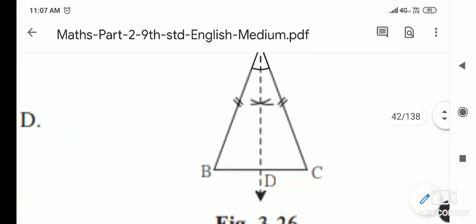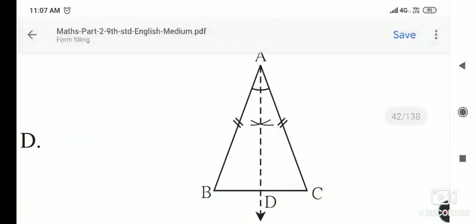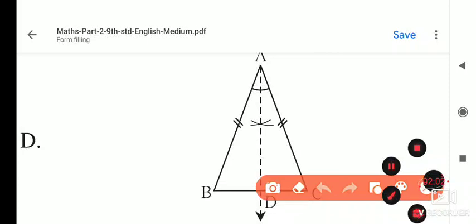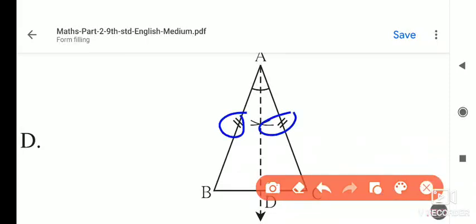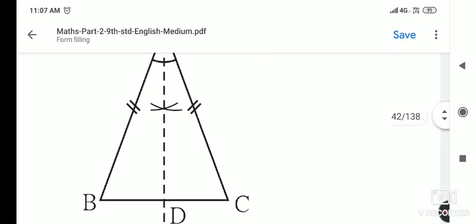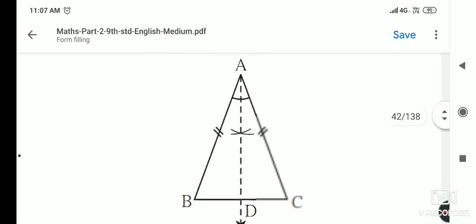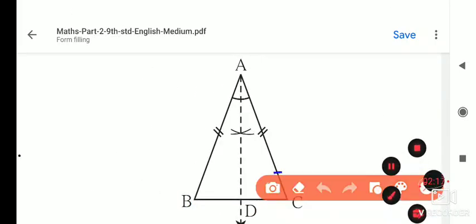Here in the figure, they have shown this isosceles triangle, and in this triangle, AB is congruent to AC, this is the sign of congruence.